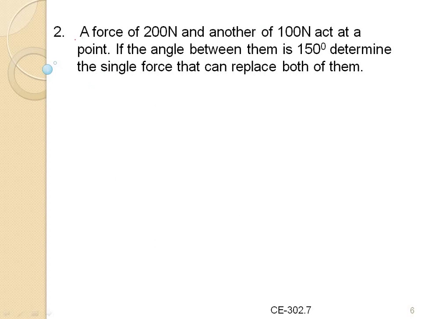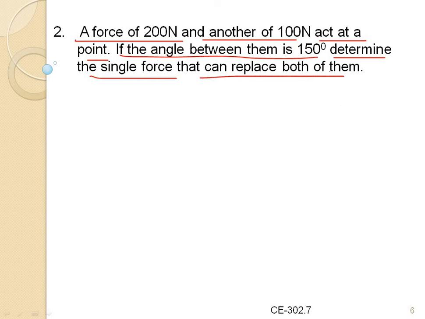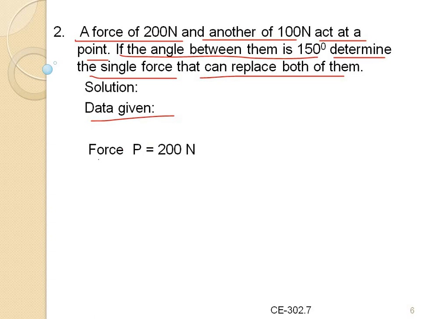The next is a force of 200 newtons and another of 100 newtons act at a point. If the angle between them is 150 degrees, determine the single force that can replace both of them. So here the data given, force P is equal to 200 newtons, whereas Q is equal to 100 newtons.